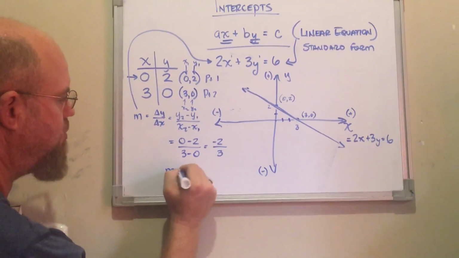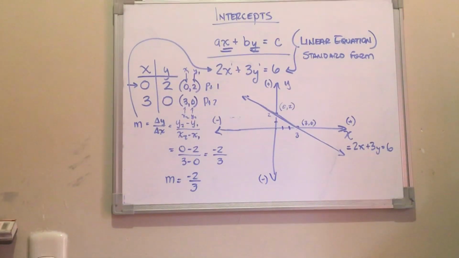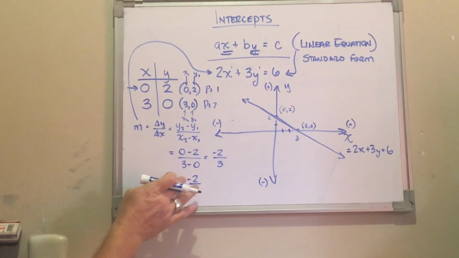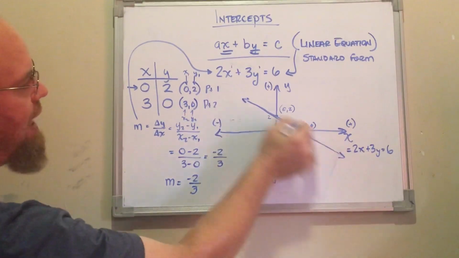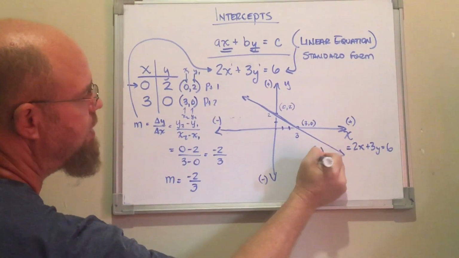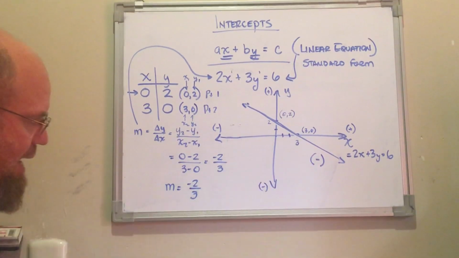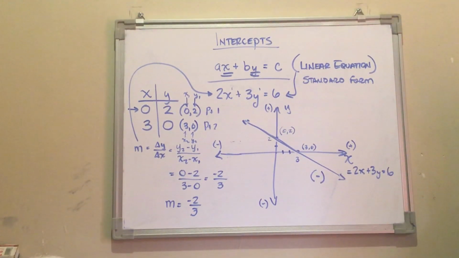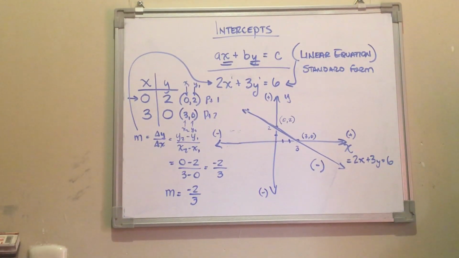So our slope is negative 2 over 3. Does that make sense? Well, sure, it's a negative slope, right? And that corresponds to the direction of this line, because we know that a line running in this direction is going to be negative. So this is the slope of that line. Okay? Hopefully you guys understand that.